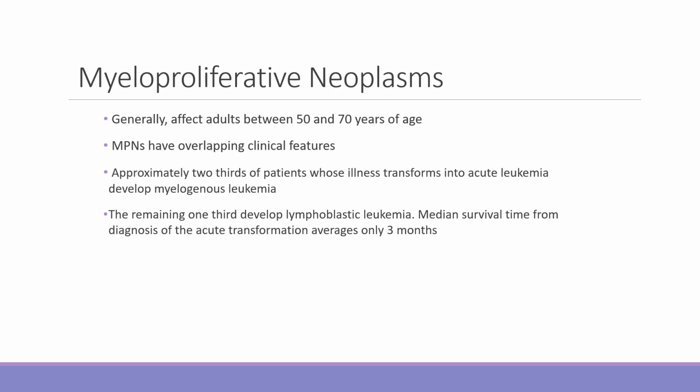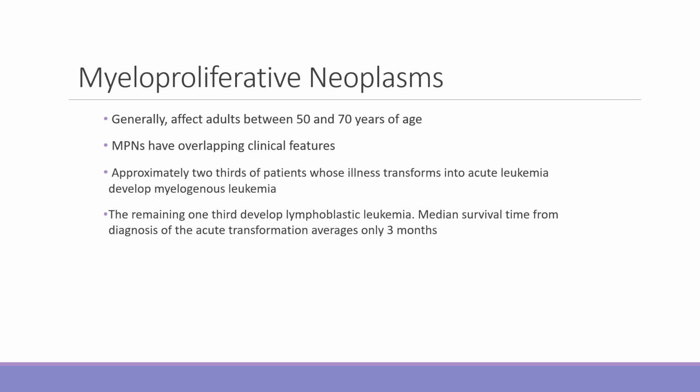Approximately 2/3 of patients whose illness transforms into acute leukemia develop myelogenous leukemia. So we're looking at a transformation from a myeloproliferative disorder to an acute leukemia. And again, we're going to be monitoring these patients and watching to make sure that we're not seeing a higher instance of less mature cells.